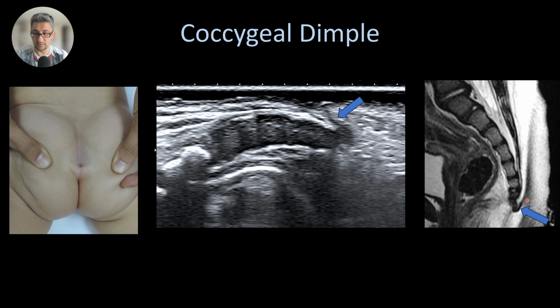So these tiny tracts or sinuses at the level of coccyx, either associated with a dimple or not, do not cause any clinical problems, and they are not associated with spinal dysraphism or epidermoid cysts or infections.